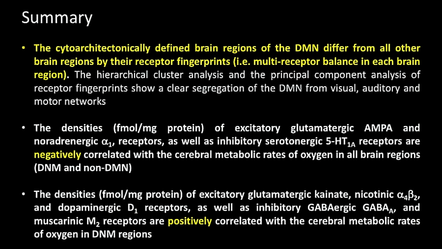The density of excitatory glutamatergic kainate, nicotinic alpha-4 beta-2, and dopaminergic D1 receptors, as well as inhibitory GABAergic GABA-A and muscarinic M2 receptors, are positively correlated with the cerebral metabolic rates of oxygen in default mode network areas.